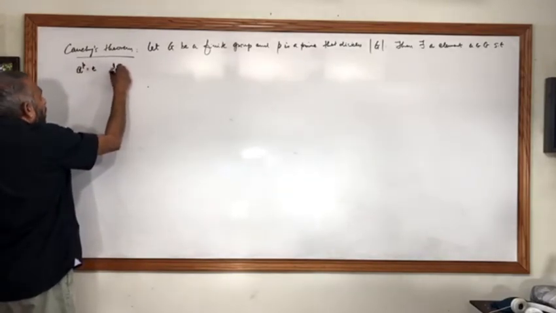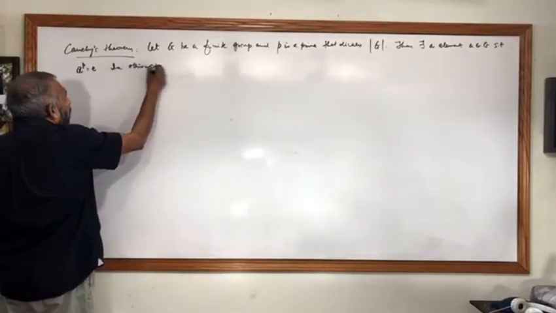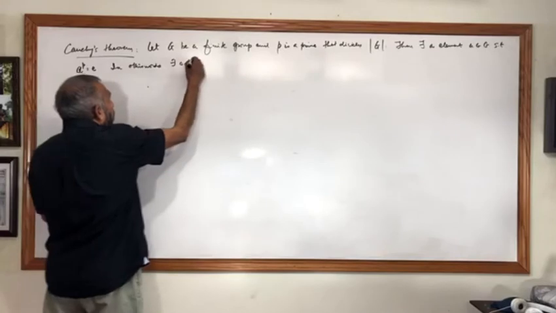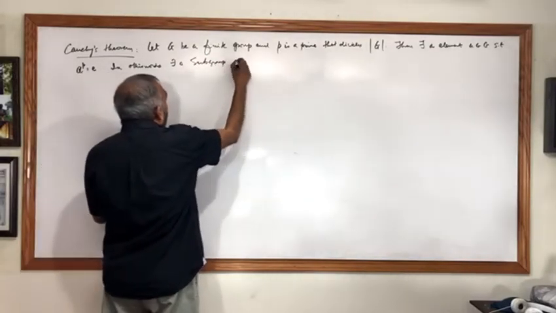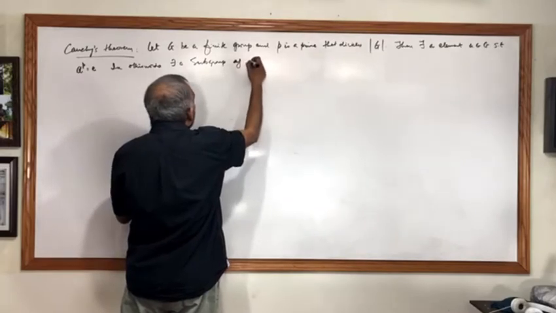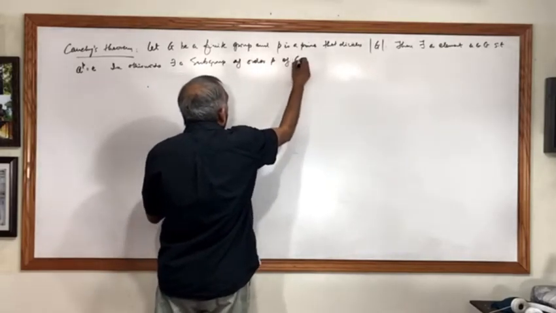In other words, there exists a subgroup of G of order p.